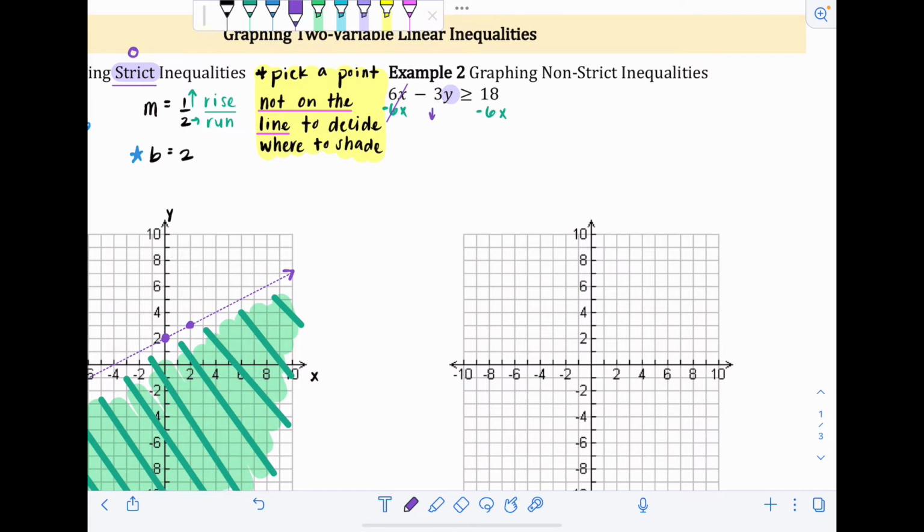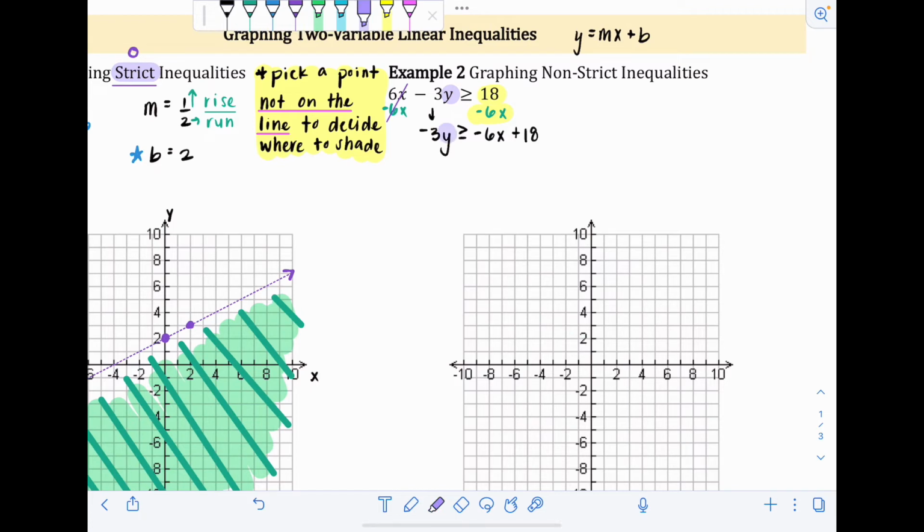And then I bring down the 3y, but I have to remember to bring down the negative that's in front of it also, because that negative belongs to the 3, and then is greater than or equal to. And then y equals mx plus b, after the equal sign, it has mx first. So I'm going to put the negative 6x in front. So negative 6x, and then this is a positive 18, so that would turn into a plus 18.